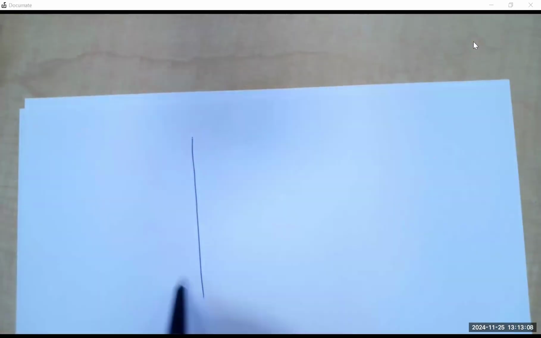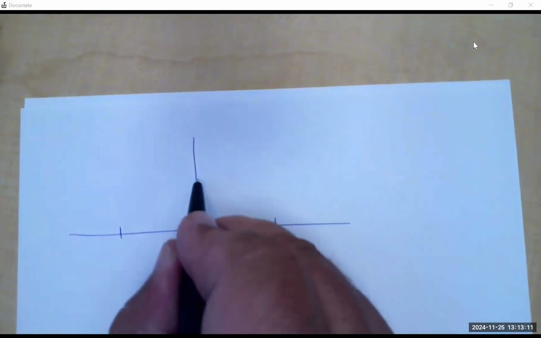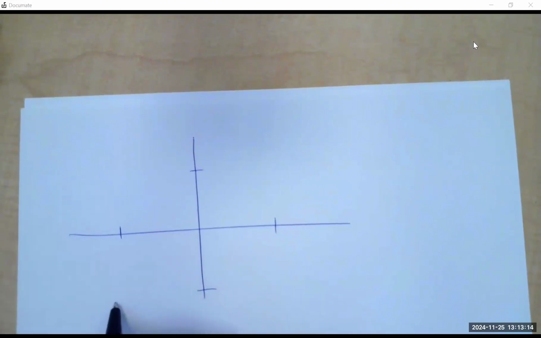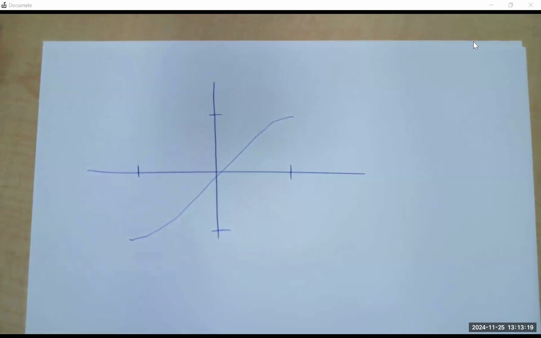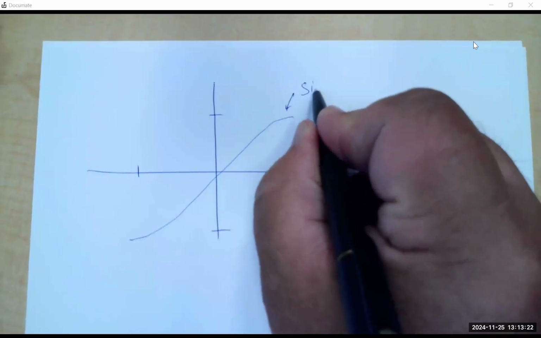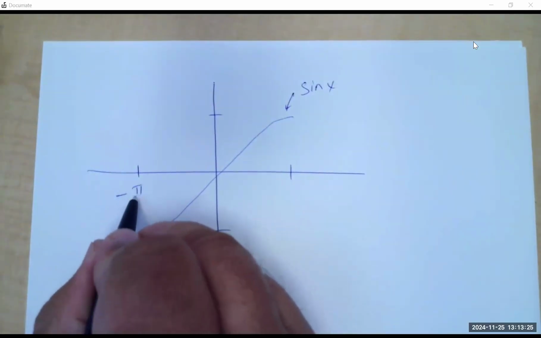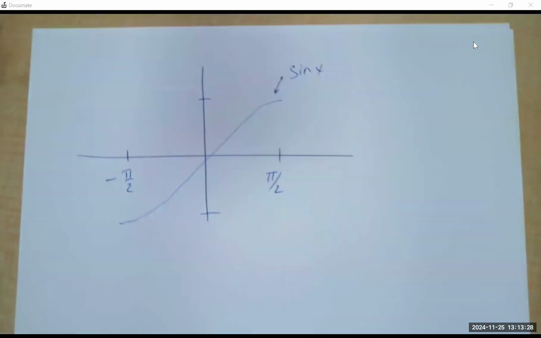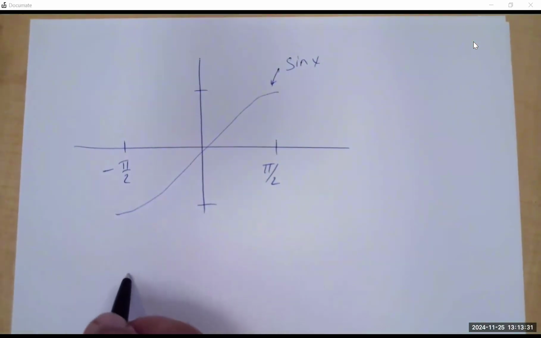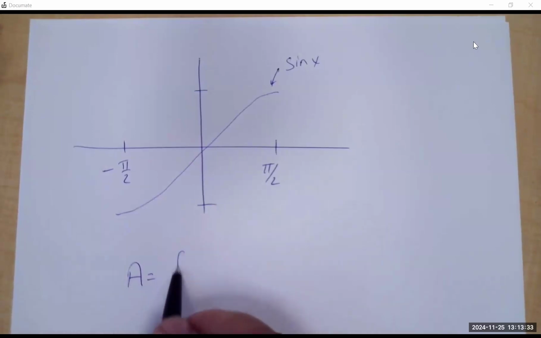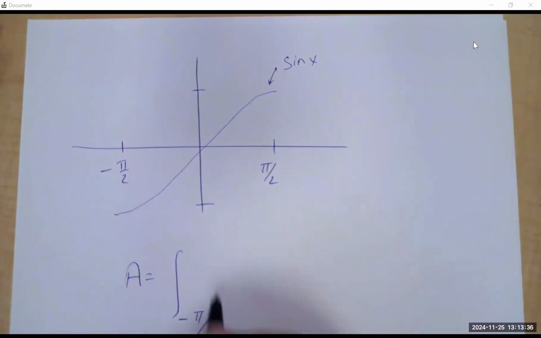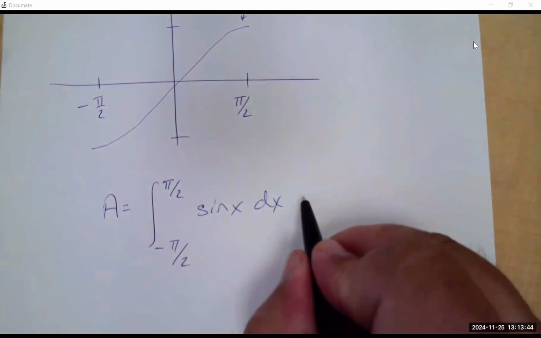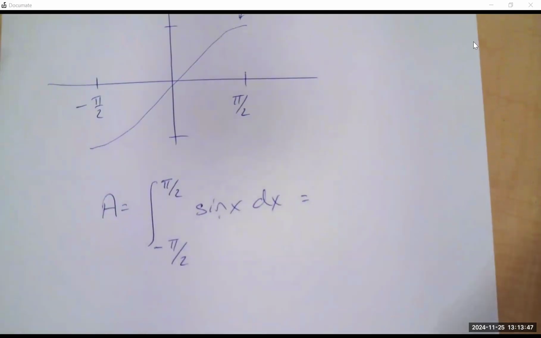If you think about it, if we had a graph, let's look at the sine and cosine. At 0, this is a sine function, from negative pi over 2 to pi over 2. If I asked you to find the area of the curve from negative pi over 2 to pi over 2 of sine x, what's the integral of sine x?